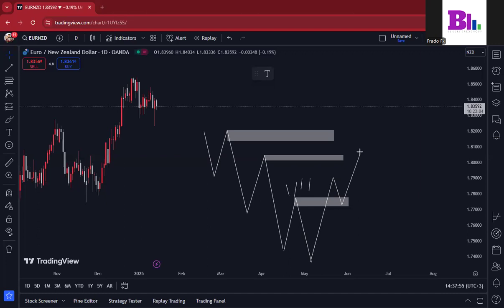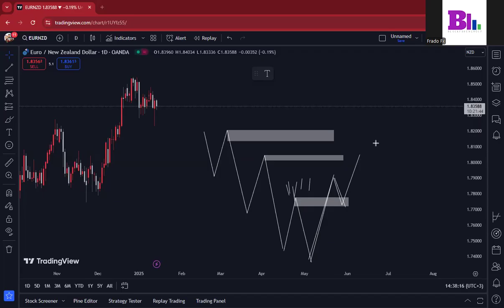Okay. For some additional concepts, in order for your breaker block to be very strong, remember this was an order block, but it was broken here, and therefore it became a breaker block, and that's why we had our buy trade here.